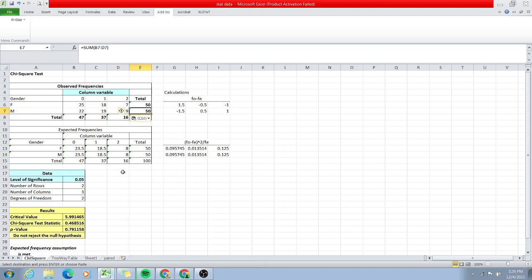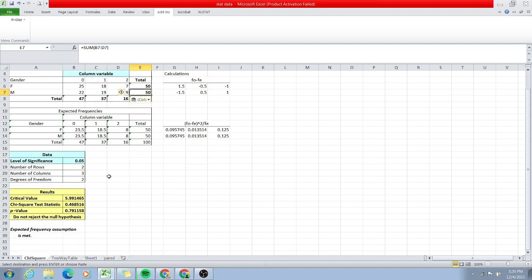Thus, these are the values for the expected frequency for each cell.